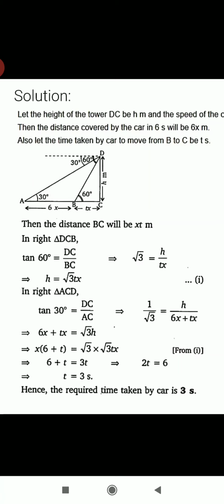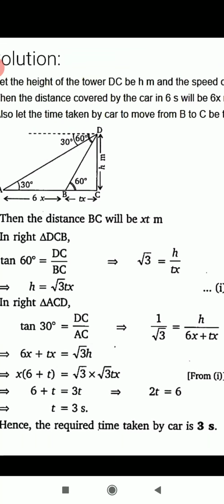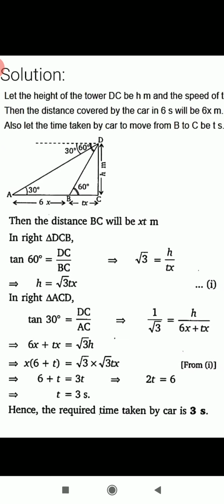So distance BC is t into x, time into speed. Okay, and again AB distance is 6 into x. 6 is time in seconds and x is speed. So AB distance is 6x, using the formula speed equals distance upon time.